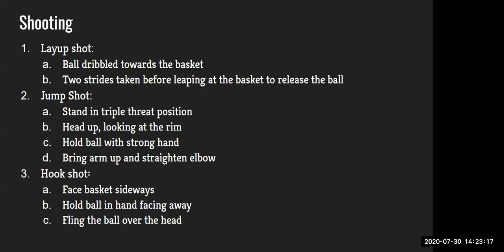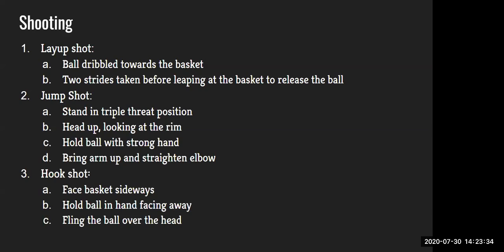Then you look up at the rim and you hold the ball with your strong hand, whichever hand you're comfortable with, right or left, and you bring your arm up and straighten the elbow. So it's kind of like a normal shot.